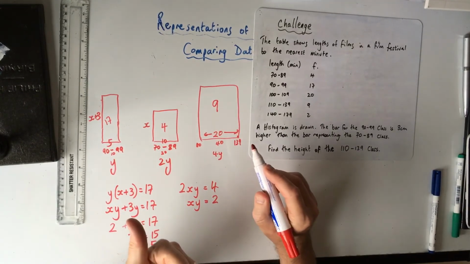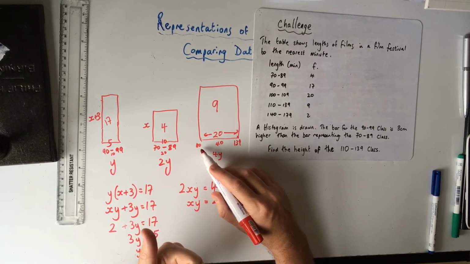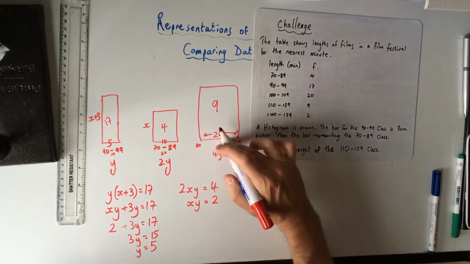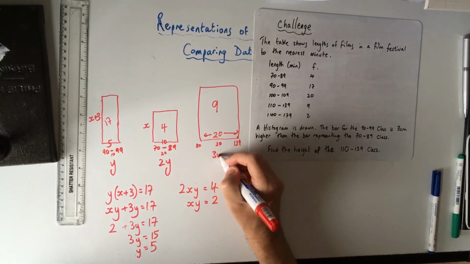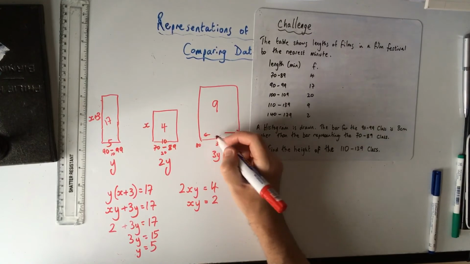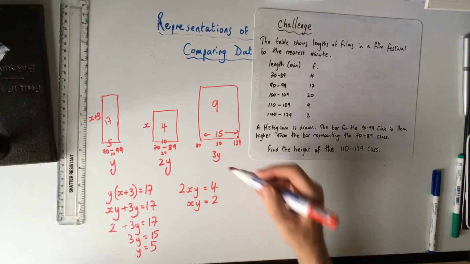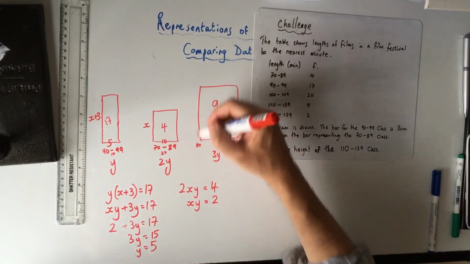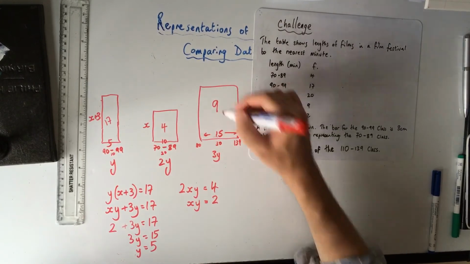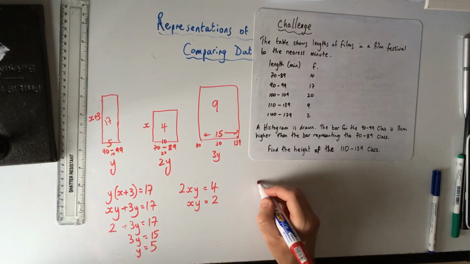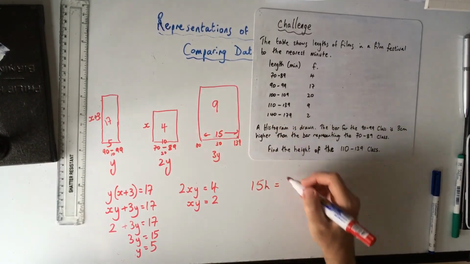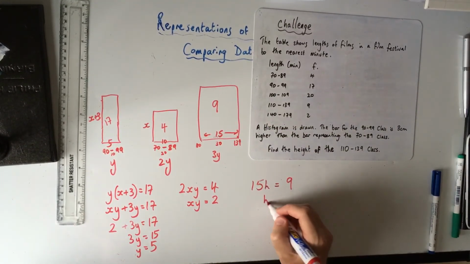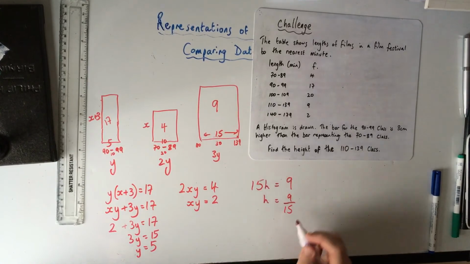109.5, 110, 119, 120, oh gosh no. So that's 30, so that's 3y. 15. I'm having a laugh here. Okay, so 15, yeah, so 15 times this height gives you 9. Okay, so 15 times the height is equal to an area of 9, so the height is 9/15.